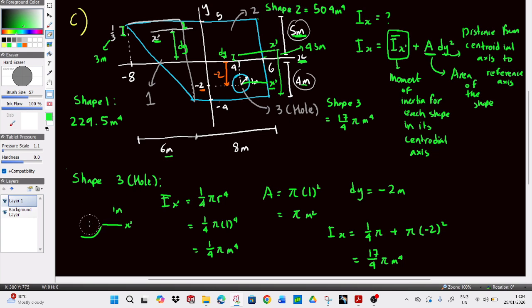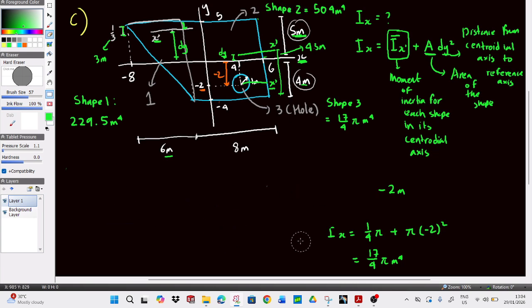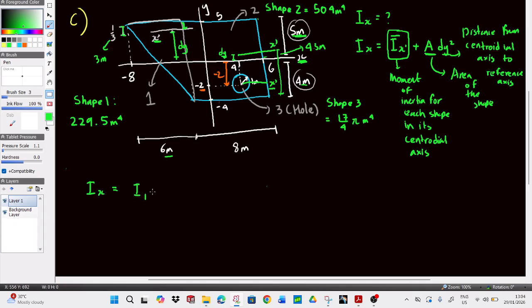Okay, so if you were to add up all the moment of inertia together in the x-axis for I1, I2 and I3, the moment of inertia in the x-axis is simply I1 plus I2. But here's the catch. Because shape 3 is a hole, you'll actually have to subtract I3. It'll be negative.